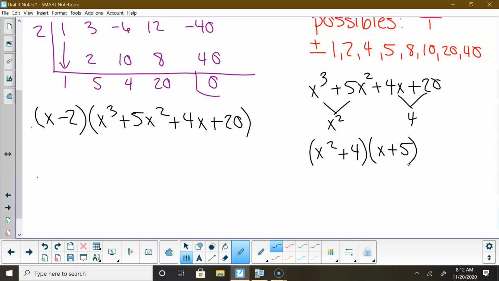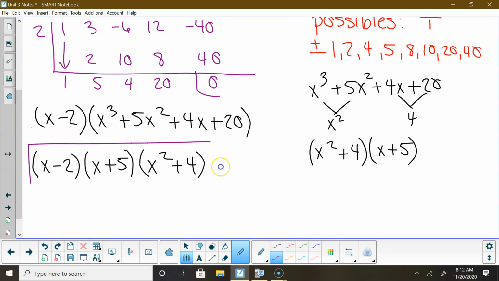Yes? All right, cool. So finally, factored form is going to be x minus 2, x plus 5, and x squared plus 4. Does the order on that really matter? No. So I've done factored form.